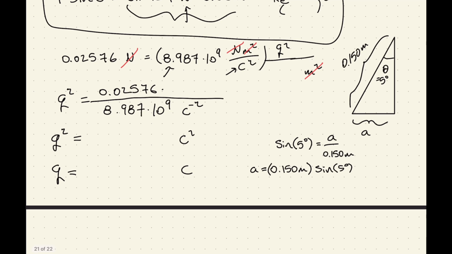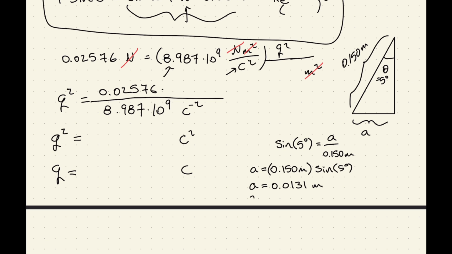Alrighty, we are back, and now I have a calculator, and I can finally calculate the length of A. So I'm going to plug in sine of 5 degrees. This gives me 0.08715. Multiply that by 0.150 meters, and I get a small length of 0.01307, which I'm going to round to 0.0131 meters.